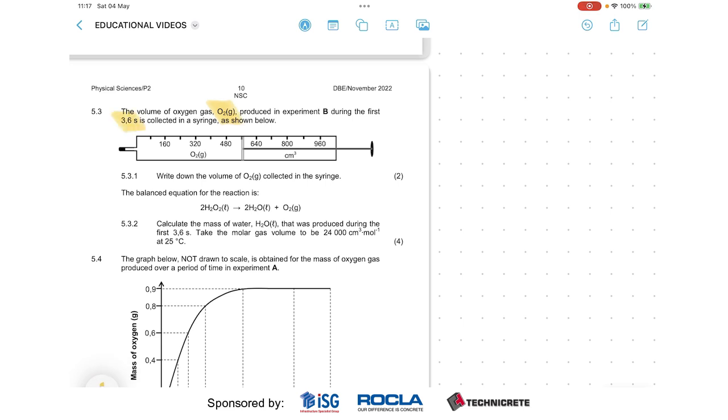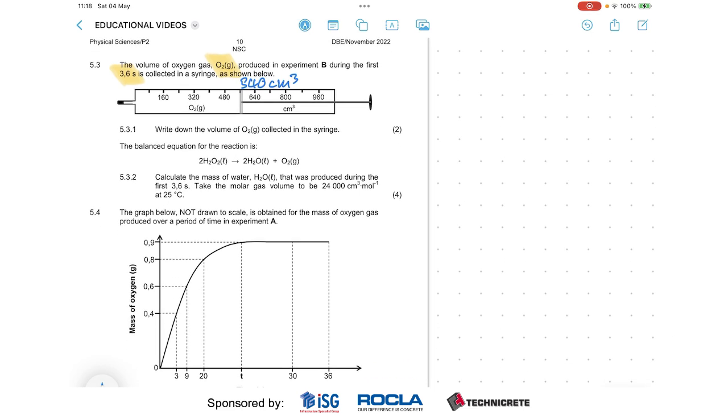And the volume collected here, I would say that's halfway between 480 and 640, which would be 160. So 80, 480 plus 80 gives us 540. So this is 540 centimeters cubed.